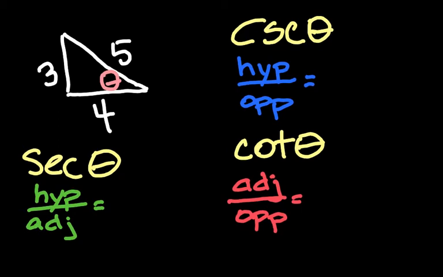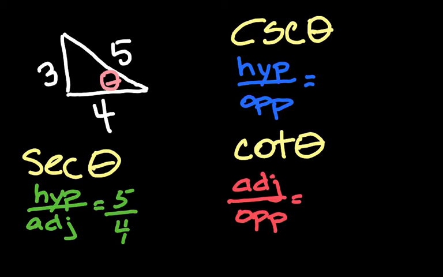Checking this out, we're going to calculate secant, cosecant, and cotangent. So for secant is hypotenuse, which is 5, and adjacent, which is the one that is touching but is not the hypotenuse. So the adjacent is 4.